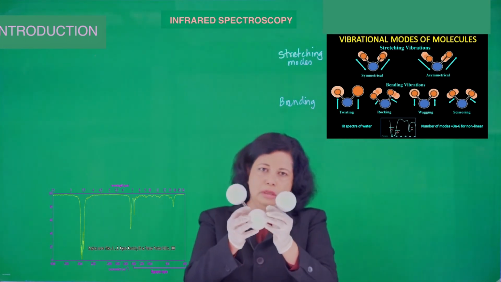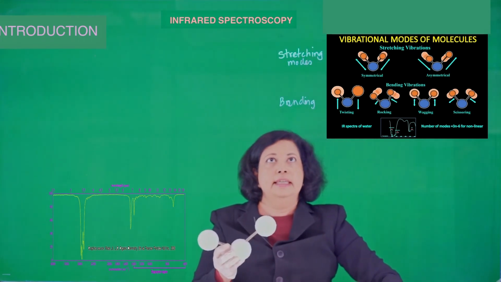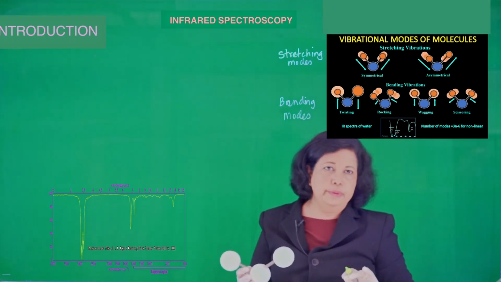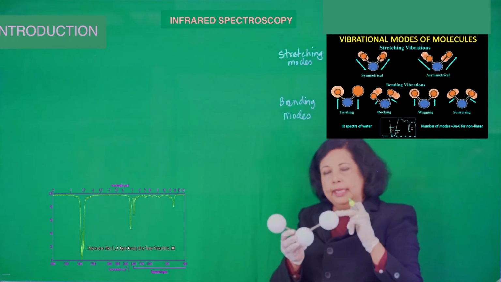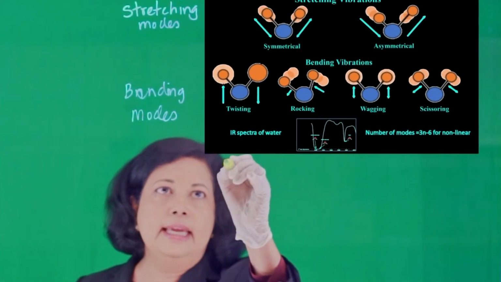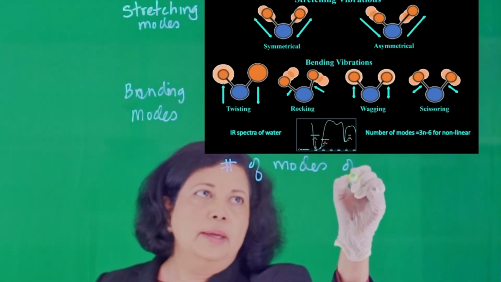Let's say this is water. How many different modes does it have? Does it have all of them or just a few of them? It depends on how many atoms it has, and you can actually calculate this. So number of modes of vibration.